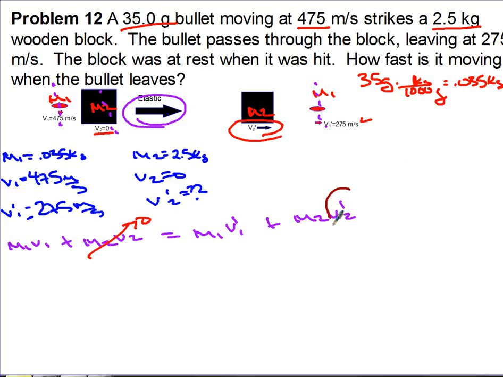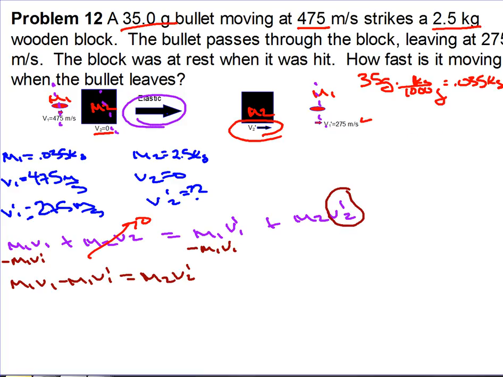Now I'm solving for V2 prime. I have V2 prime multiplied by M2, so that's stuck pretty close to it. But I'm adding M1 V1 prime. So I want to get rid of M1 V1 prime, and since I'm adding it, that means I subtract M1 V1 prime from both sides. So M1 V1 minus M1 V1 prime is equal to M2 V2 prime.